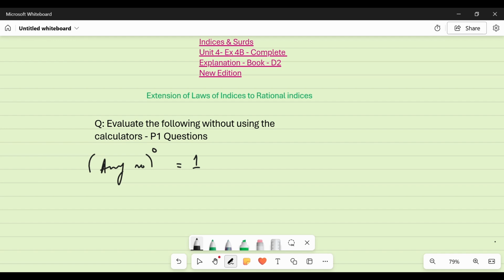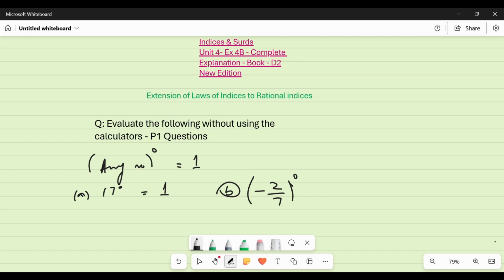Let's solve two questions. Part A is 17 to the power 0. So the answer is 1. B part is minus 2 over 7 and the power is 0.